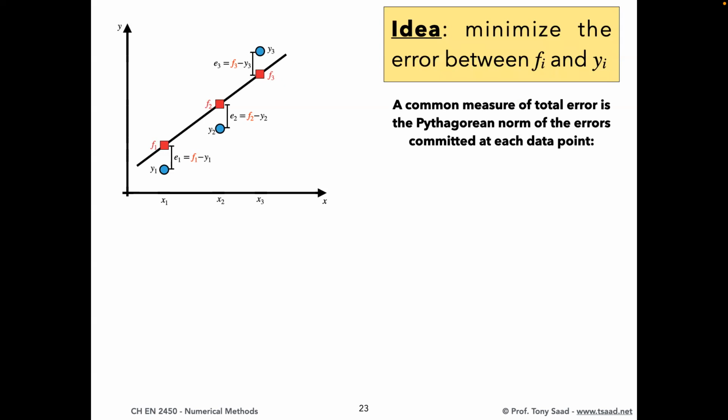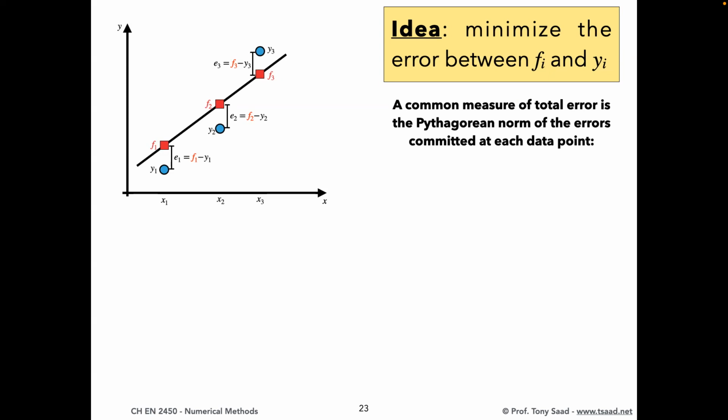Remember when we were doing iterative solvers, when we had a collection of errors for each unknown that you were solving for, we had an iterative error, or a true error, whatever you call it. And then we said all of those errors, we can aggregate them into a single number to represent that error. We use the Pythagorean norm. We're going to do the same thing here.